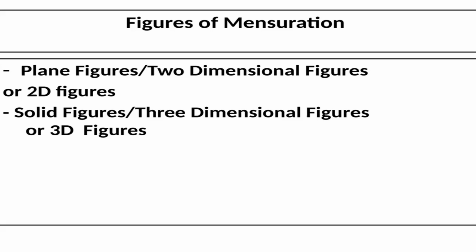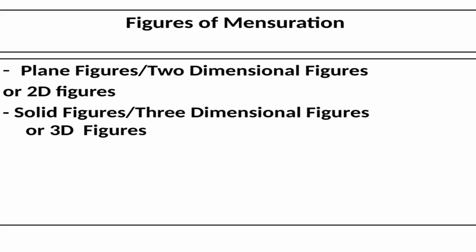Now see the figures of mensuration, or what we measure in mensuration. All the figures are divided in two parts. The first part is called plane figure or two-dimensional figure, or in short 2D figure. The other part is called solid figure or three-dimensional figure or 3D figure.